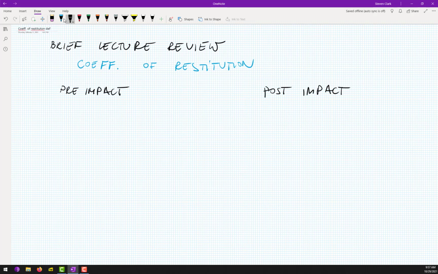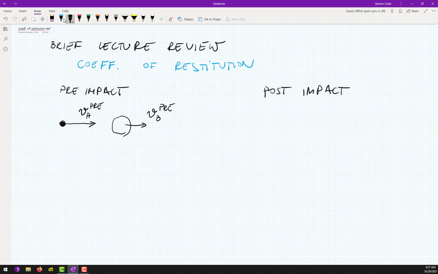Let's say we have a small one and a big one, and the one on the left has a velocity larger than the one on the right. The guy on the left is chasing the guy on the right.